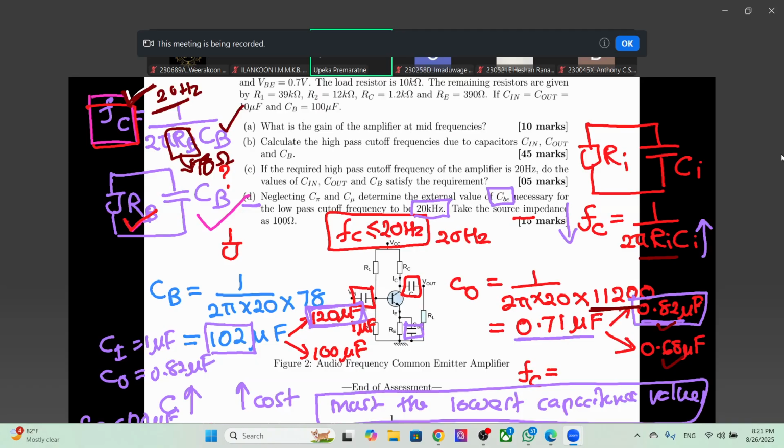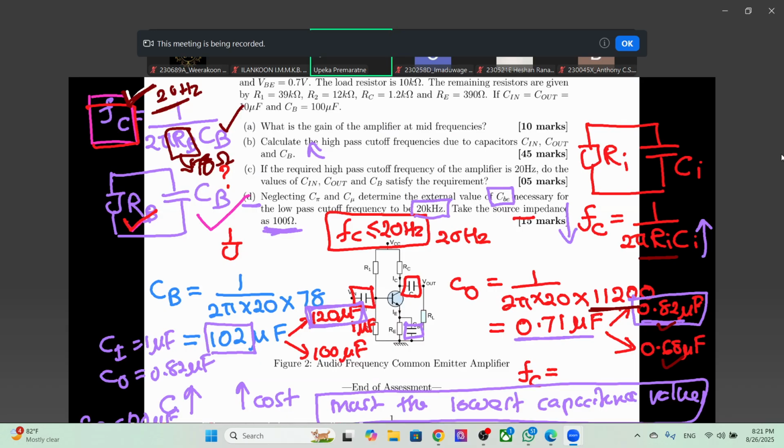I have given the source impedance because it is necessary. Some students had also taken the source impedance when calculating these values. Don't worry, in either case I had given marks. Of course, it was my mistake when making the question.